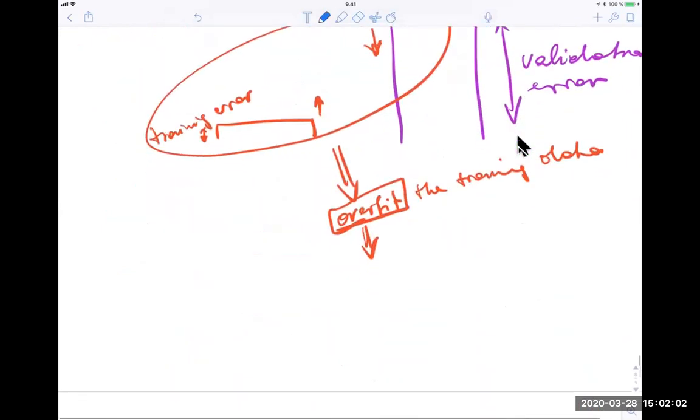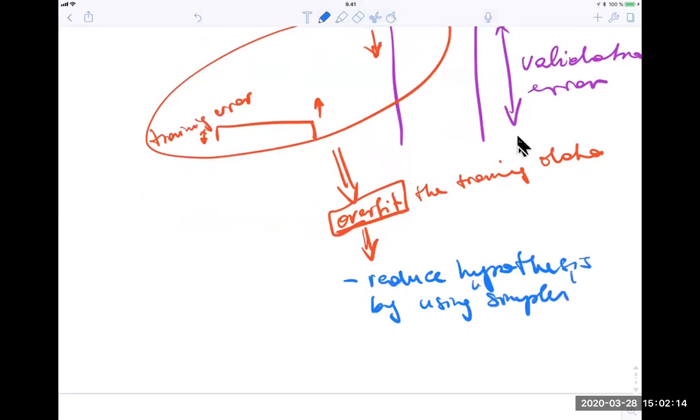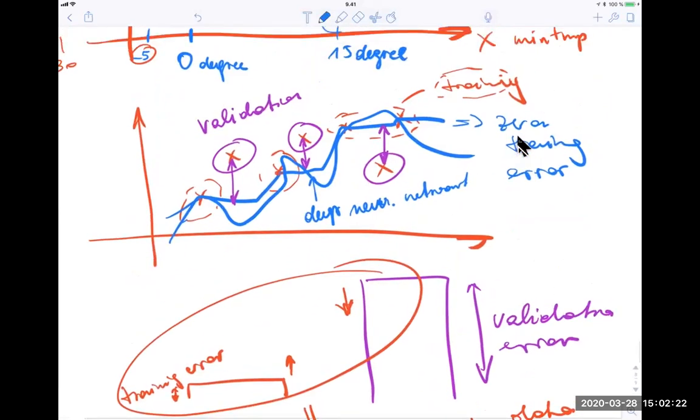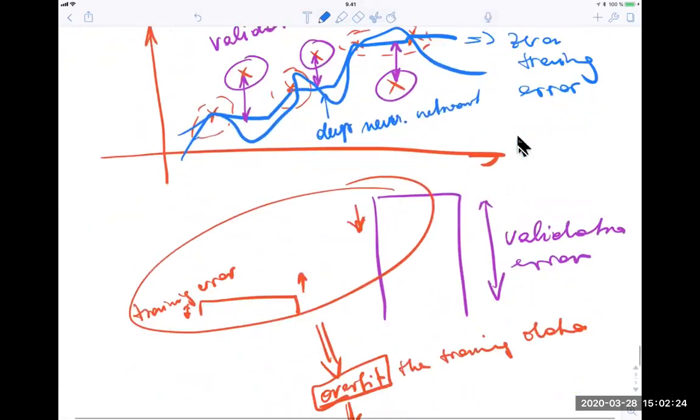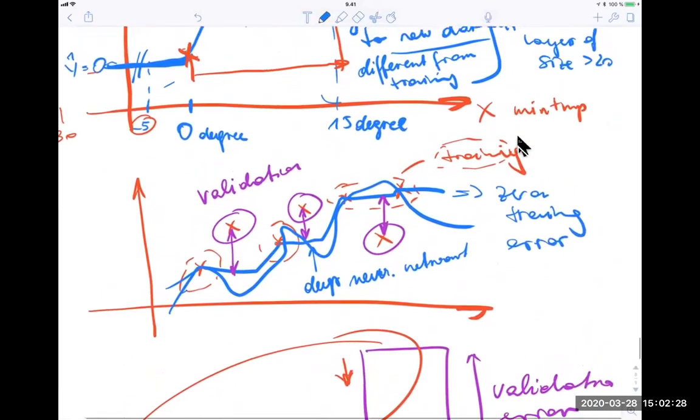So what we could do is reduce the hypothesis space by using simpler predictor functions. So what could be a simpler function than a highly nonlinear polynomial or neural networks? What is a simple function? Does anyone have an idea?